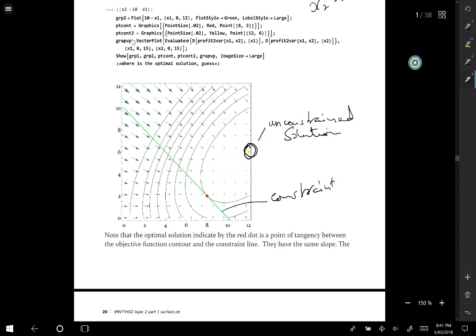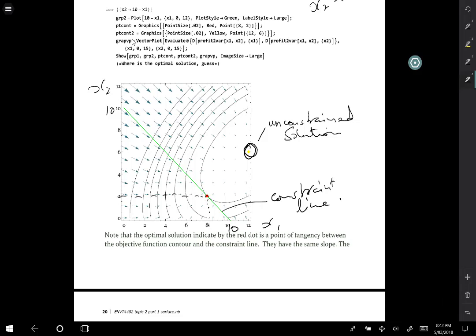And then we have the constraint line here, which indicates that we can have 10 of x1 or 10 of x2, or combinations of values for x1 and x2 that sum up to 10, and then we get an optimal solution here which is at 8.